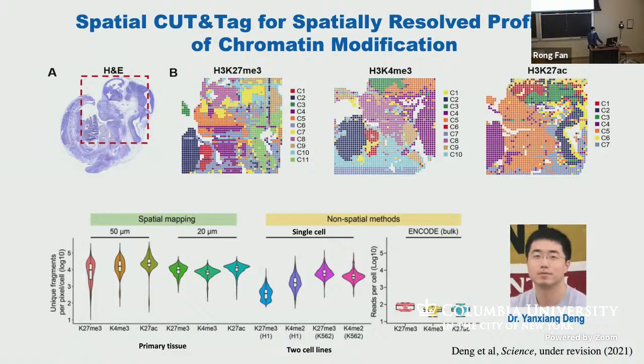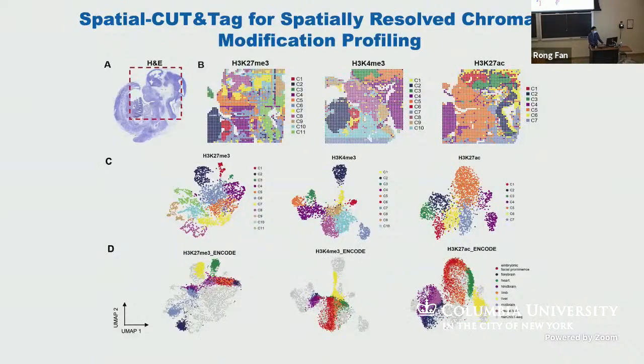And when you look at the data quality, it's extremely good. It's even better than the best single cell CUT&Tag data. And if you compare the clustering based on the chromatin modification profile to the ENCODE reference data, they do match quite well. Okay, there's a liver here, this is the heart. But again, you'll see much more granular information when you compare our data to the ENCODE reference data.